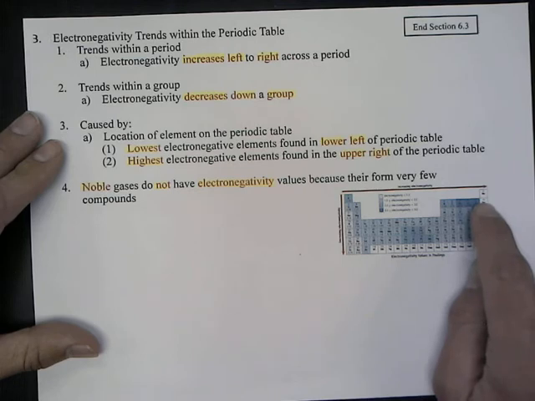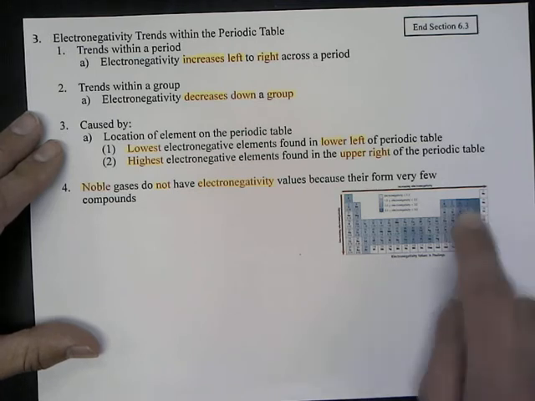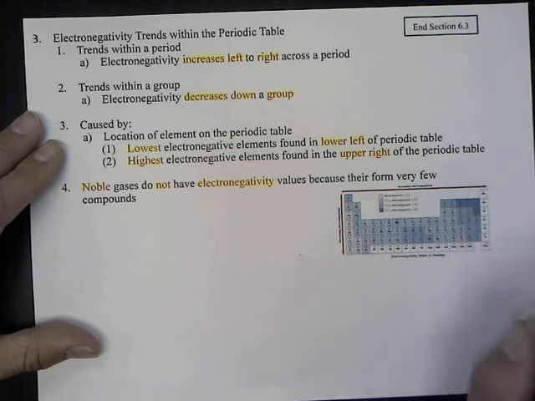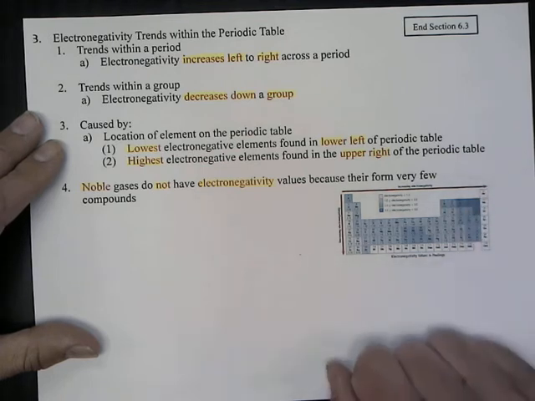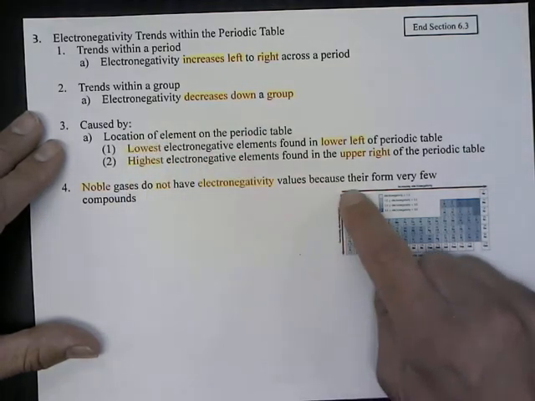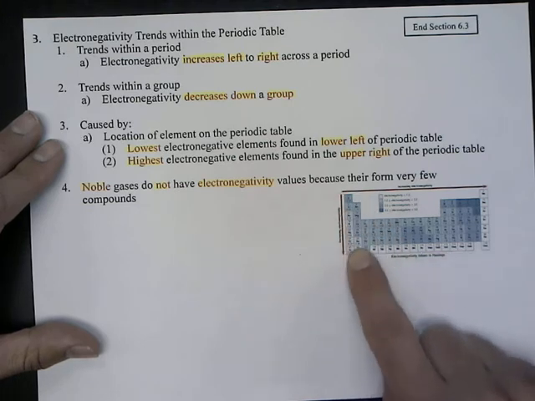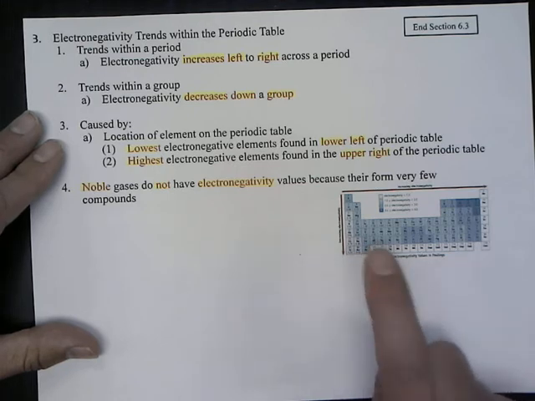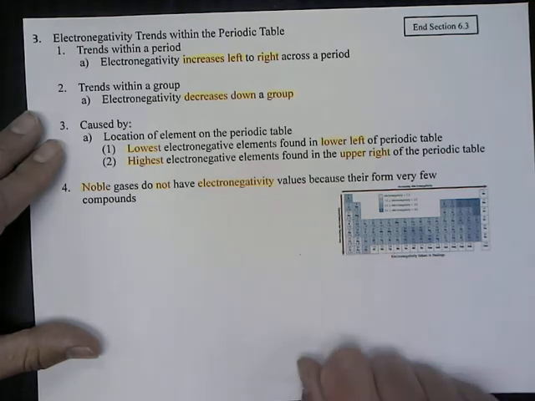That's why fluorine has the highest electronegativity value. Now, as we move down a group, the electronegativity decreases. So this is why francium has the smallest electronegativity value.